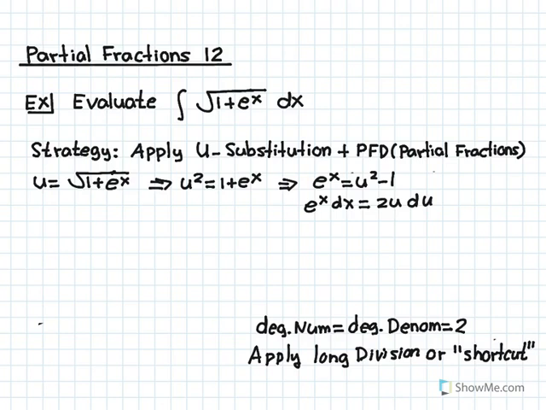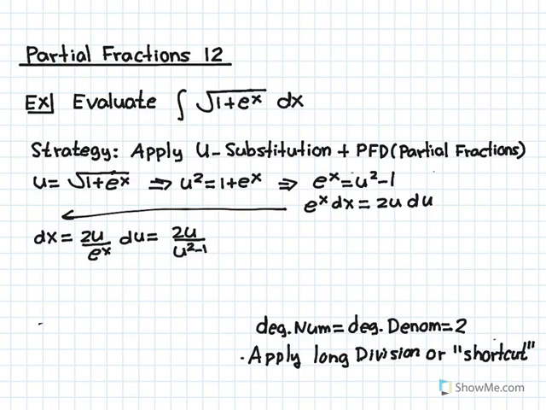So if we solve for dx, dividing by e to the x, that's 2u divided by e to the x du. But we already solved for e to the x in terms of u. So we have dx equal to 2u divided by u squared minus 1 du.